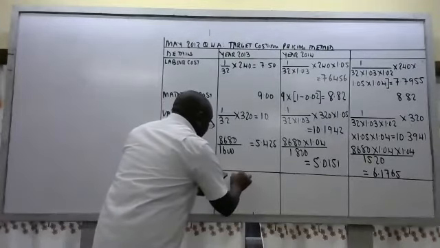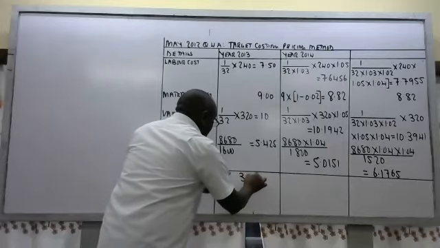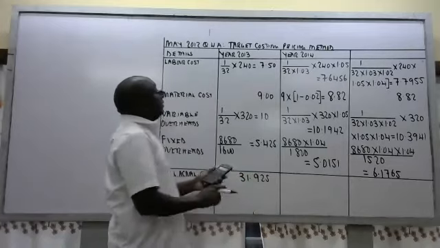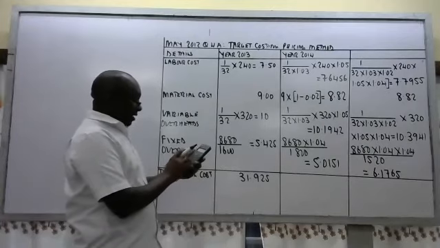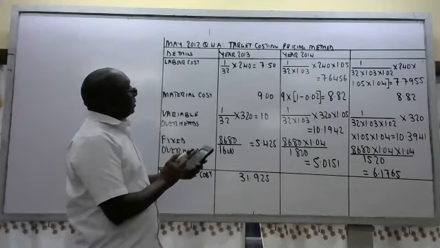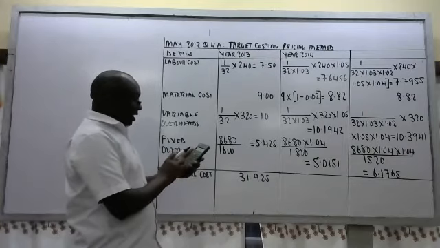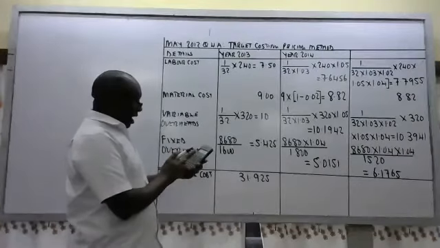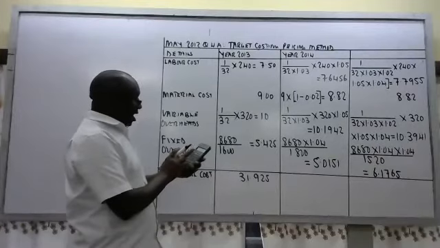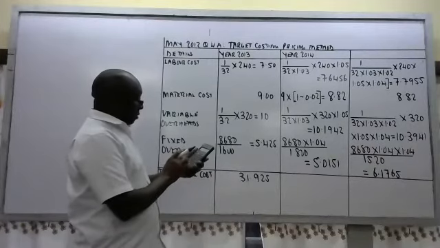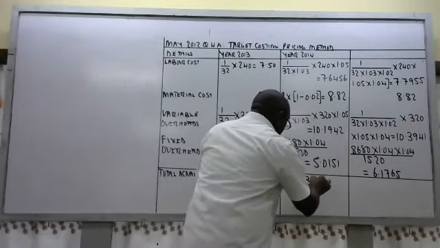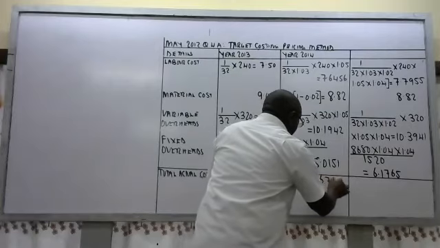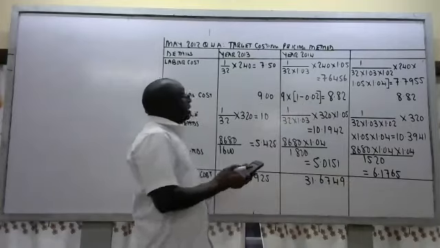I'm getting that 31.925. I have 7.6456 plus 8.82 plus 10.1942 plus 5.0151, is that 31.6749.